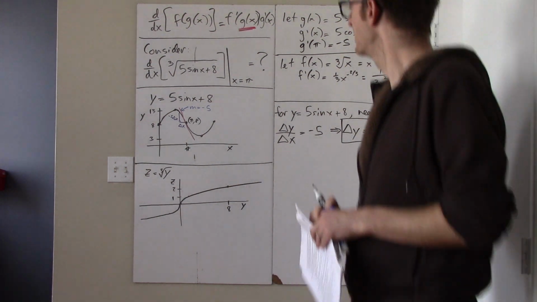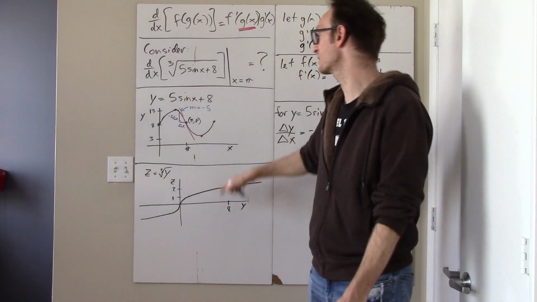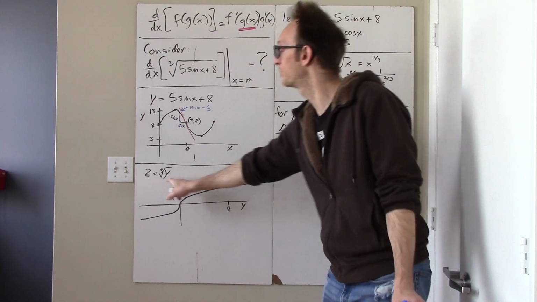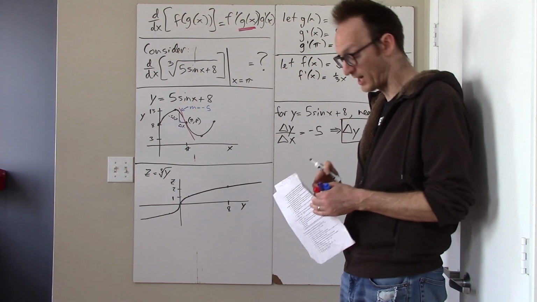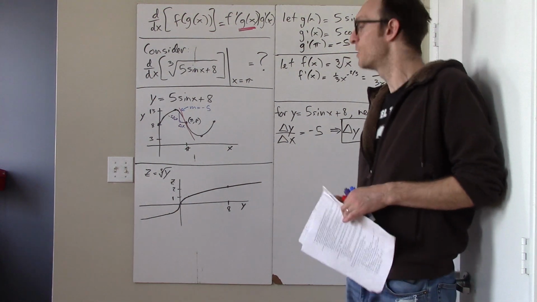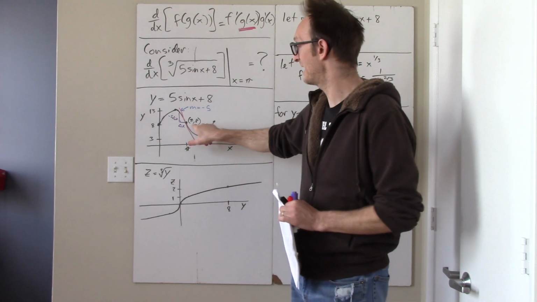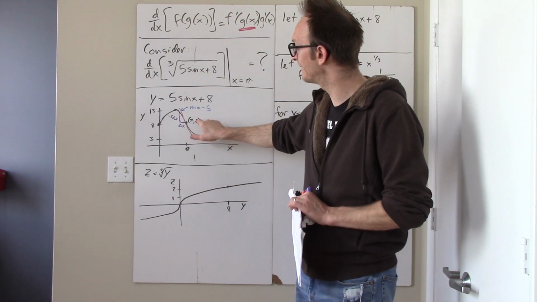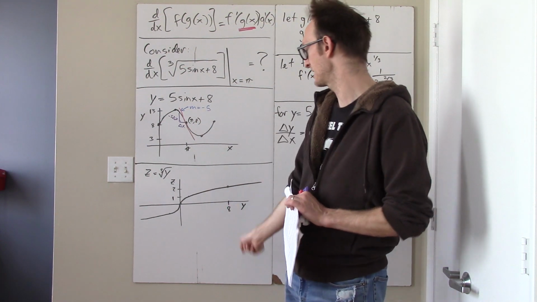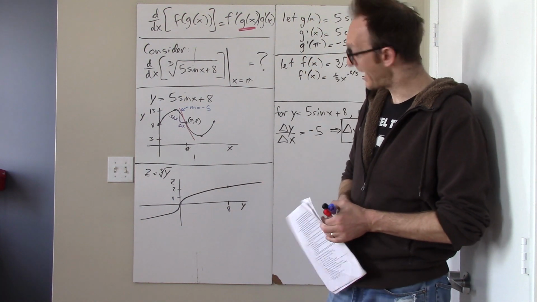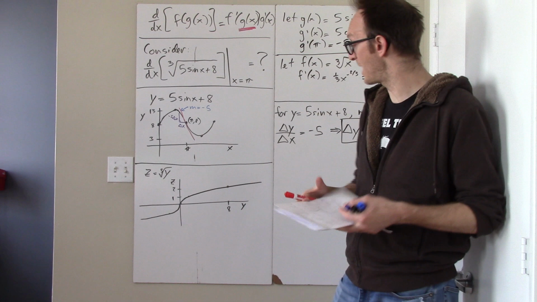It would be silly and wrong to think that we cared about what this cube root curve is doing at pi. We don't care what this cube root curve is doing at pi. We care what this cube root curve is doing at 8. Because near 8, since the output of the inner function is 8, it's the behavior of this near 8 that is relevant. Okay, and now what is it that we would like to know about this?